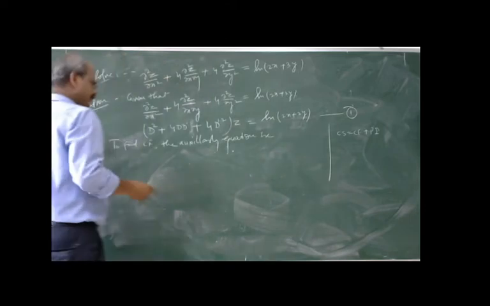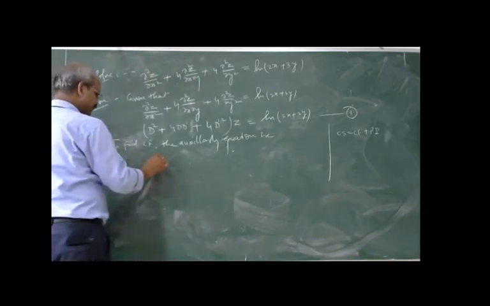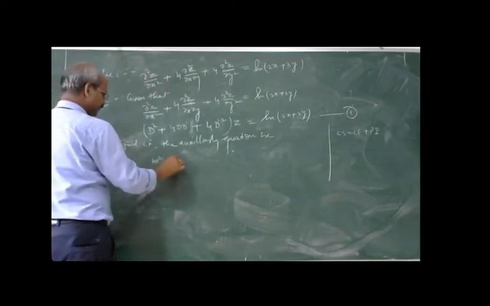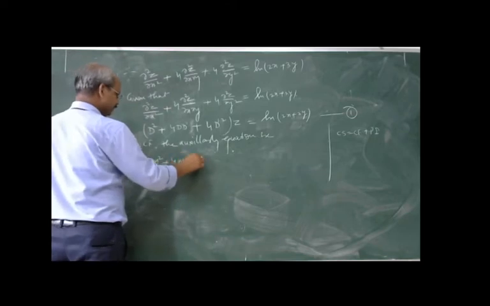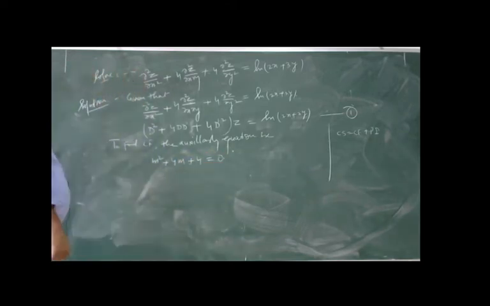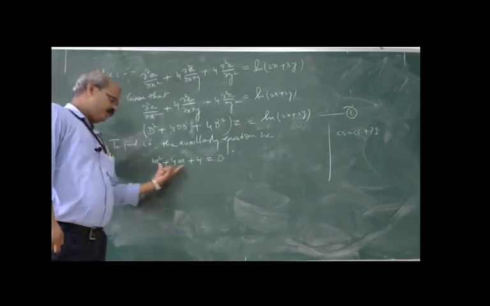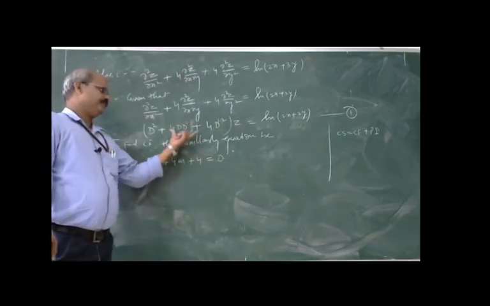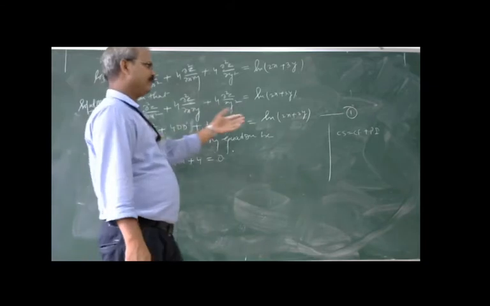So this becomes m² + 4m + 4 = 0. This is the auxiliary equation obtained with the help of equation first.